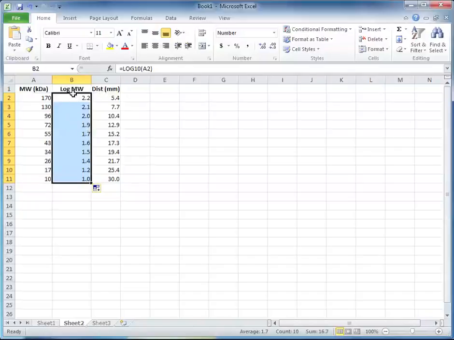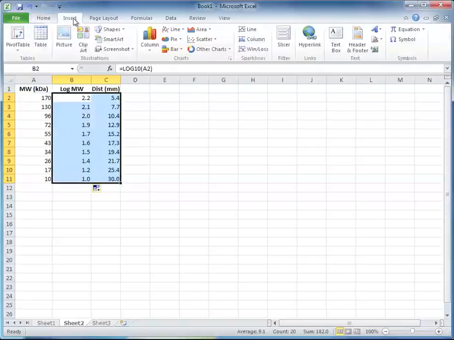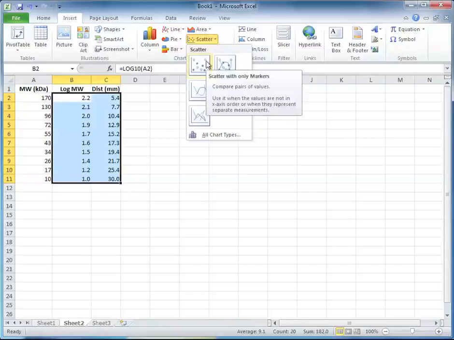Now, we want to plot this, so what we're going to do is select the data that we want to plot, and we come up and go to Insert. Over here are the types of plots that we can put in under charts, and we're going to do an XY scatter with no lines connecting, only the markers.